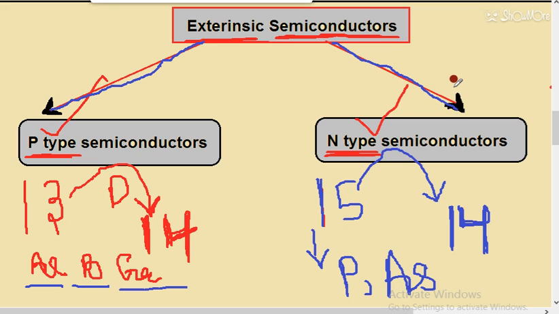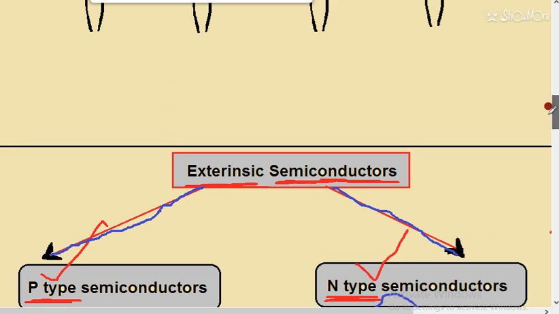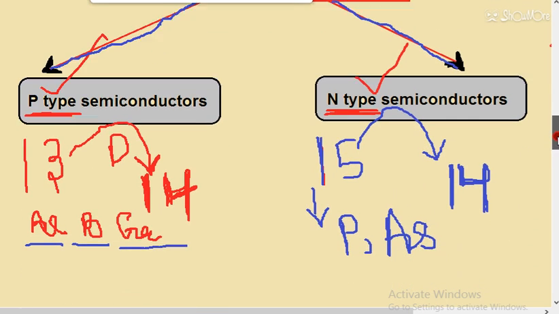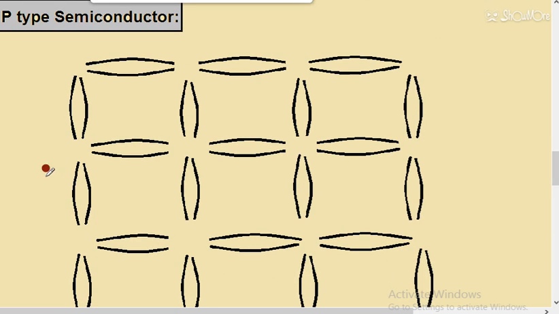I hope you have noted down the extrinsic type semiconductors. Up to this lecture we have seen first intrinsic semiconductor, then extrinsic semiconductor, and then the types of extrinsic semiconductors. Now I am going to take you to p-type semiconductor.